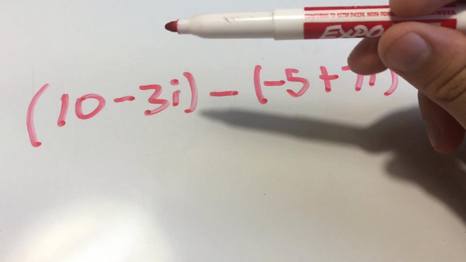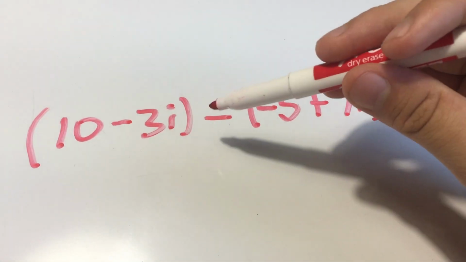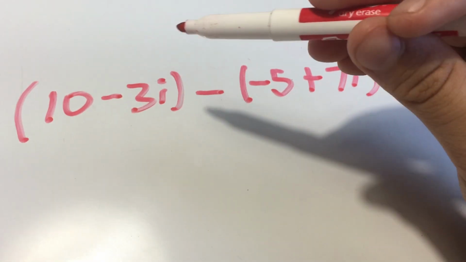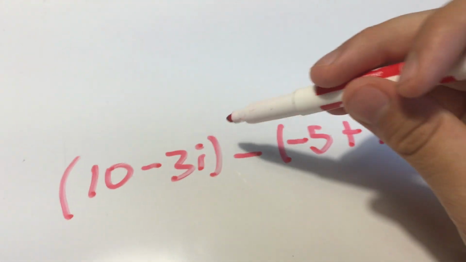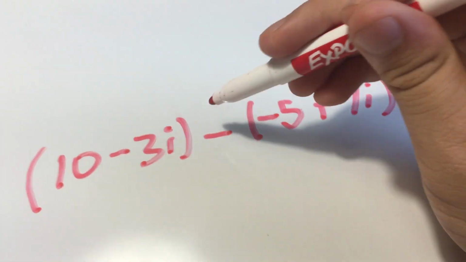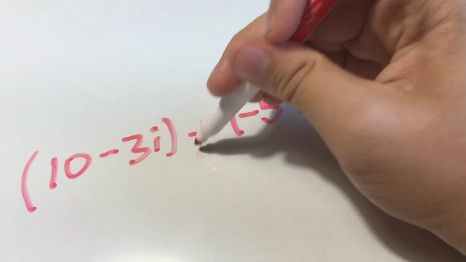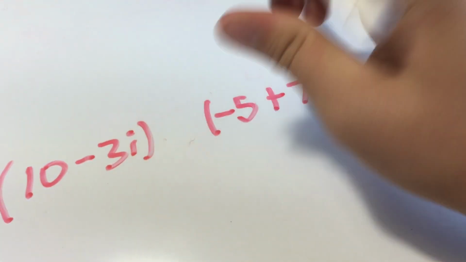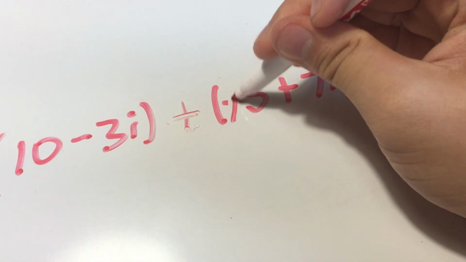Well, before we do anything, we can do keep, change, change. So we keep the signs on this side, change this sign. So it'll be plus 5.